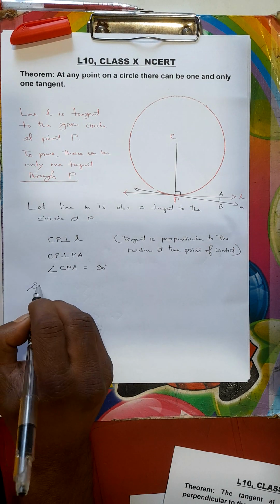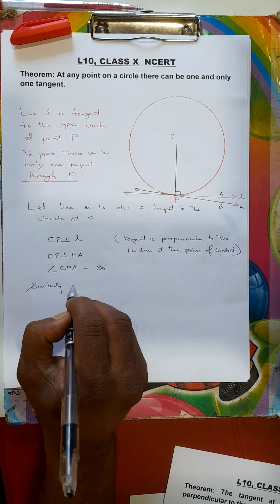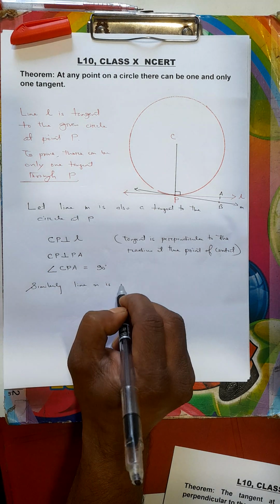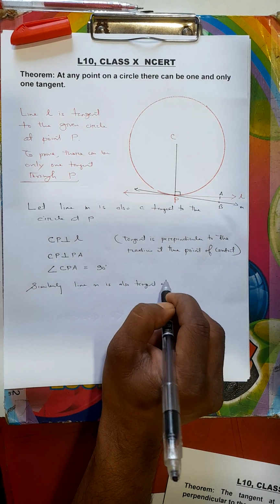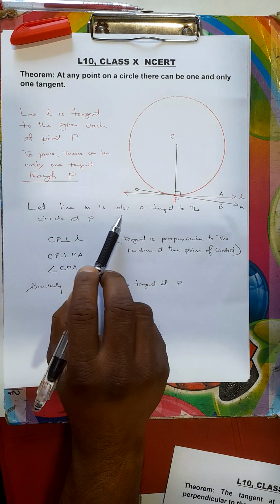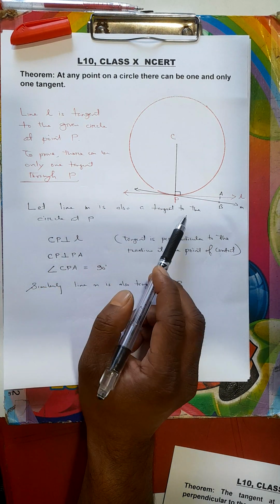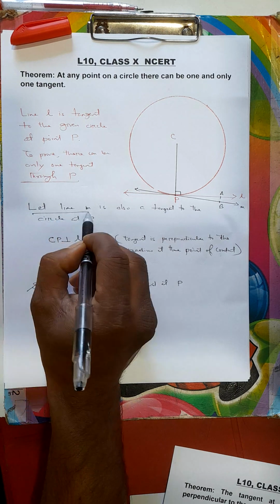Similarly, line M is also tangent at P. That we are assuming here. Line M is also tangent to the circle at P. This was our assumption, right?